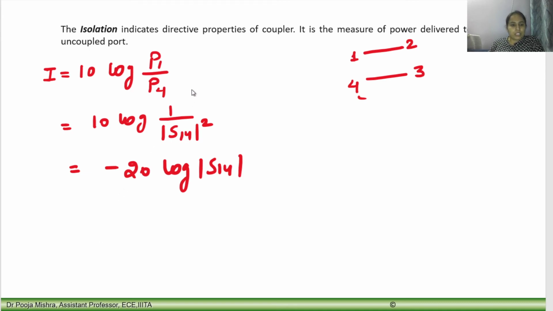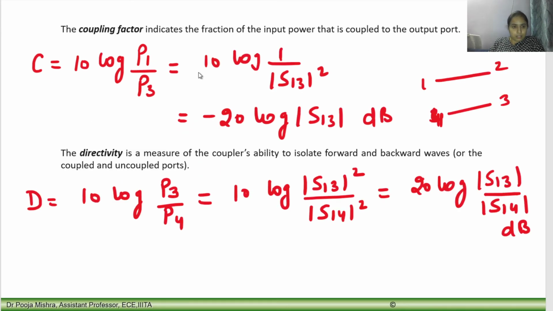If you see all these definitions, coupling is P1 by P3 and directivity is P3 by P4. If you add these two factors, C plus D, it will actually give you 10 log P1 by P4. P3 will be cancelled out, because in dB they will be P1 dB minus P3 dB plus P3 dB minus P4 dB.